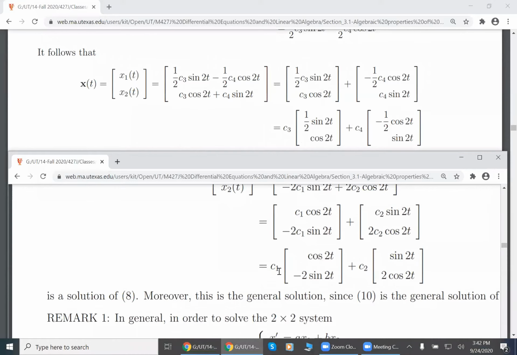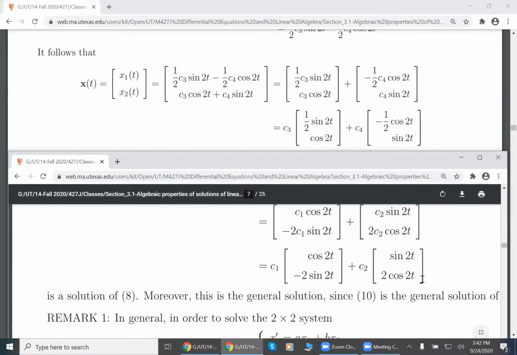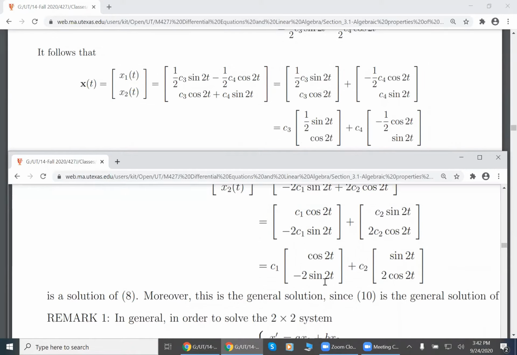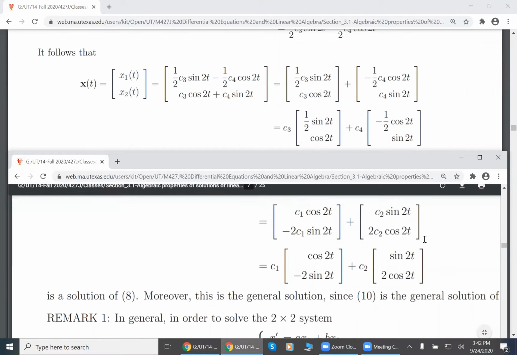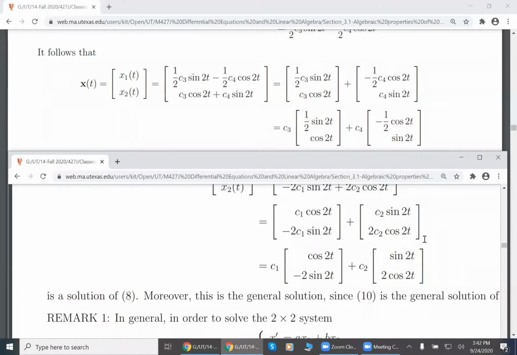Note that these two formulas look different. Over here, negative 2, 2. Over here, 1/2, negative 1/2. The formulas look different. However, both formulas are correct. Here is why.